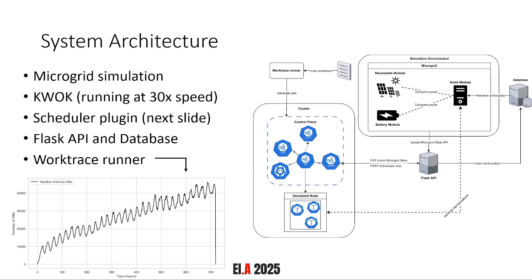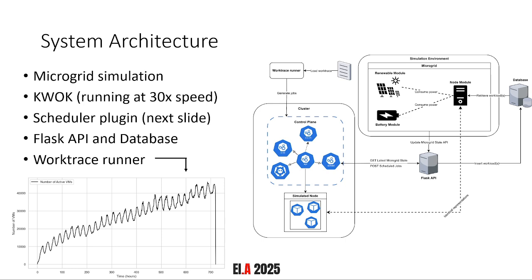So what happens is that it will just output what's happening. This way, we are able to speed up the simulation. We will have the scheduler plugin for Kubernetes. Next slide. And we have a database that through a Flask API will store all the logs.